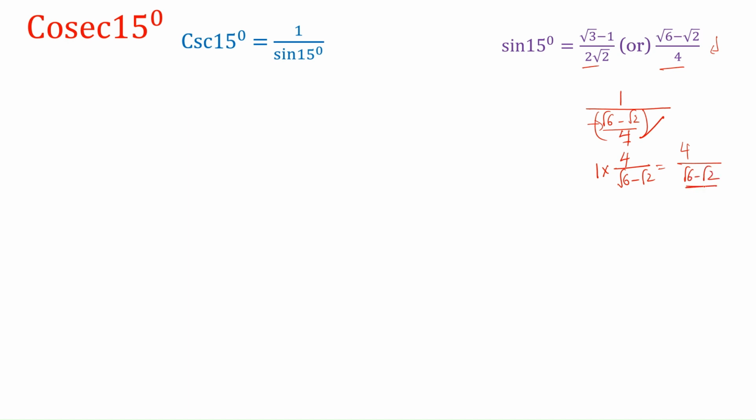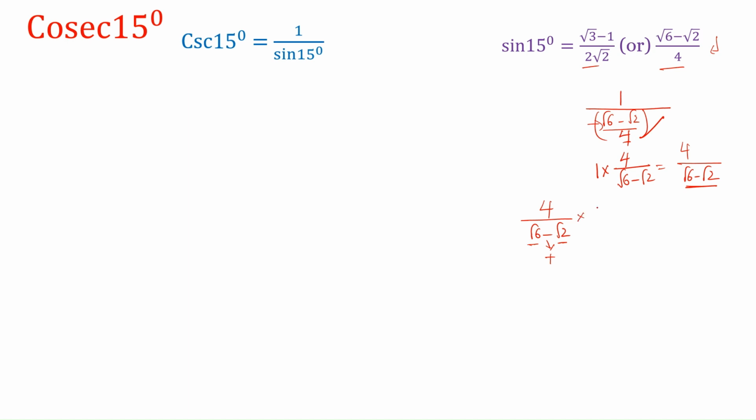Again, if we rationalize this particular denominator, we have to multiply both numerator and denominator, and with what we have to multiply, for that just consider this denominator. Here in place of minus we have to write plus.